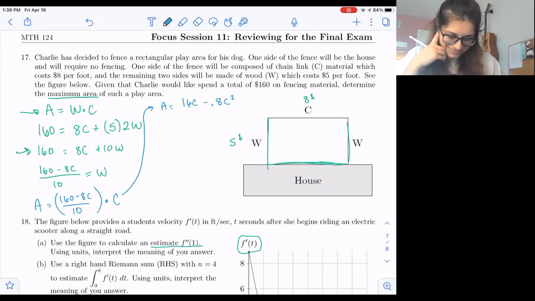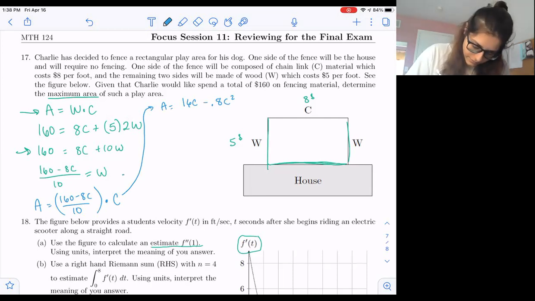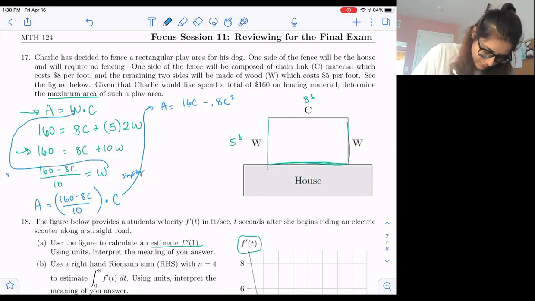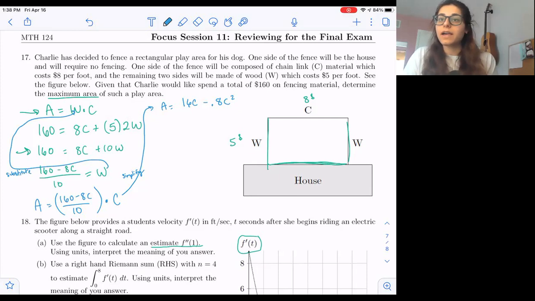Okay, so all I did there was divide by 10, simplify, distribute that C out. You guys can do that again too, but all I did there was simplify. And then how I got here was by substituting. Okay, so now I have area in terms of one variable, C. I could have also gotten it into W's, right? Doesn't matter. I just wanted to get it into one variable.